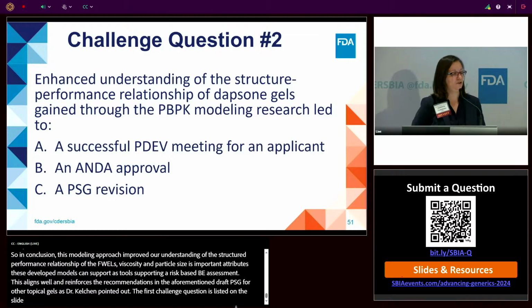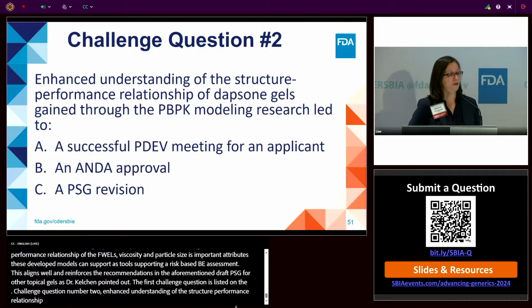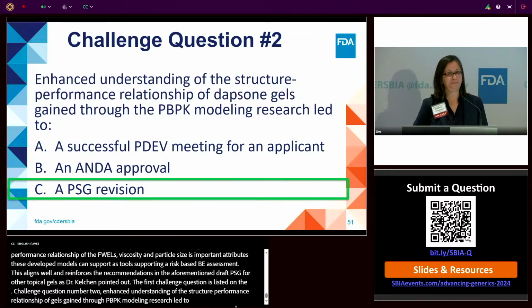Enhanced understanding of the structure-performance relationship of Dapsone gels gained through the PBPK modeling research led to a successful product development meeting for an applicant, an ANDA approval, or a PSG revision. And the answer is a PSG revision.